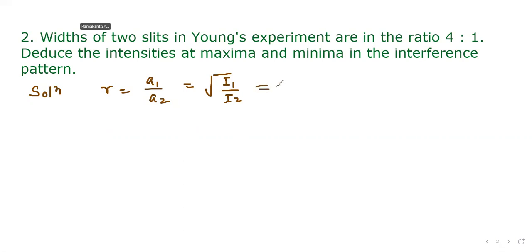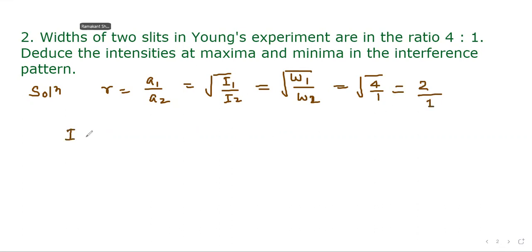And the intensity is proportional to width, so it can also be written as root of W1 upon W2. And in our question, width of two slits are in the ratio 4:1. It means this will be root of 4:1, which will give 2:1.